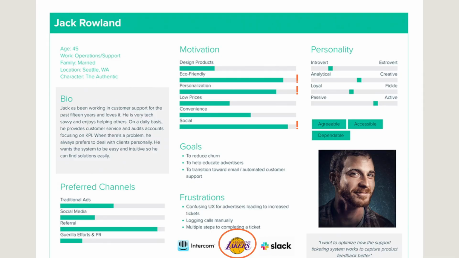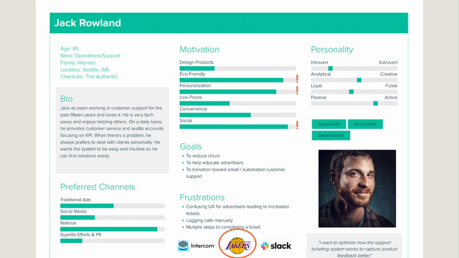Two is including information that isn't relevant to the design challenge. As you start to read through this user persona example, you'll see that this design challenge seems to be focused on a platform for selling ads or advertising.